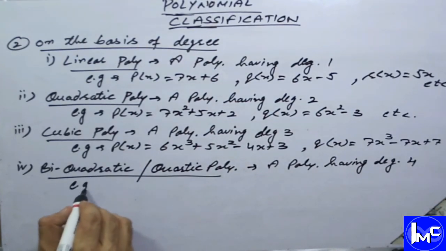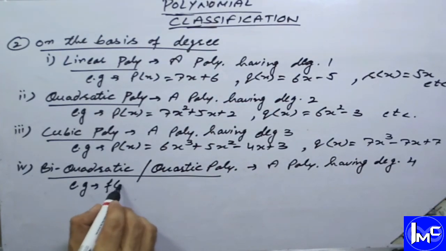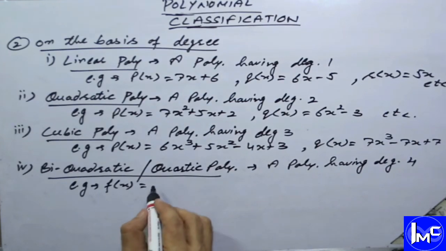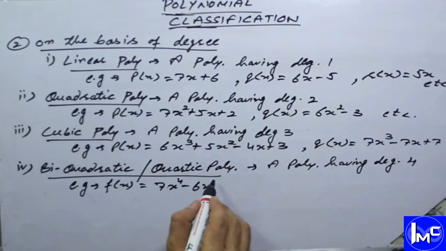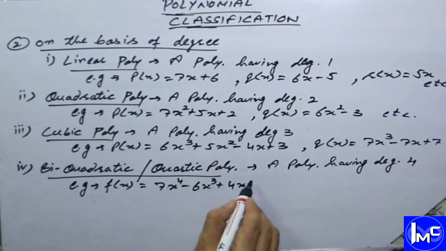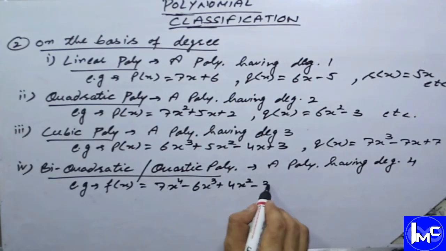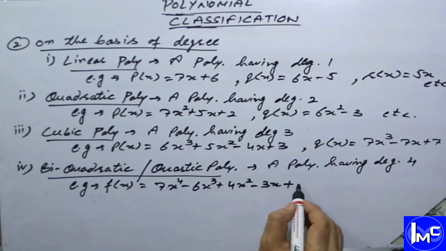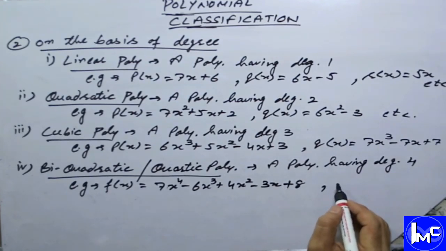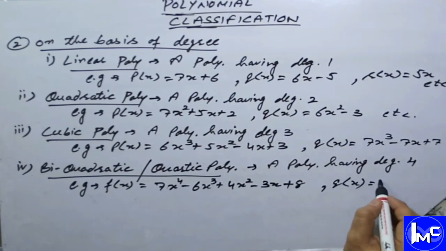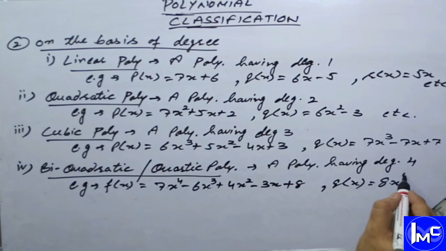For example, f(x) is equal to 7x^4 minus 6x cube plus 4x square minus 3x plus 8. Or you can take another example, q(x) is equal to 8x^4 minus 6. I will see only the highest power.